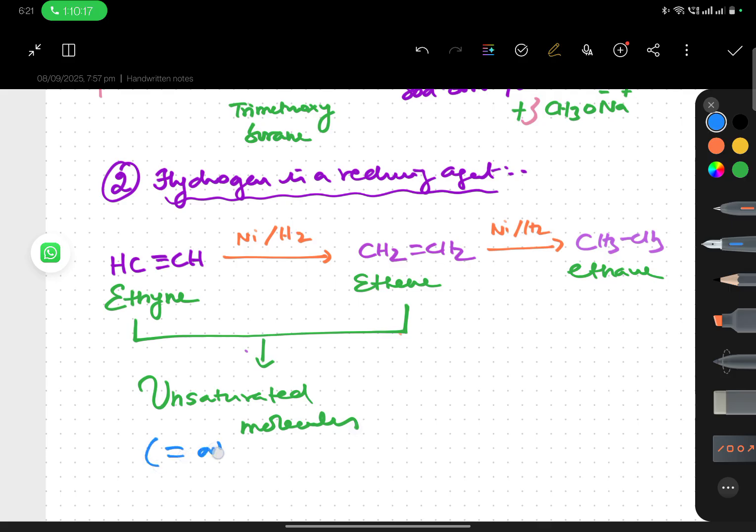If there is a double or triple bond, we call it unsaturated. In this case, there is only single bond, so it is called a saturated molecule. If there is only single bond, it is saturated.